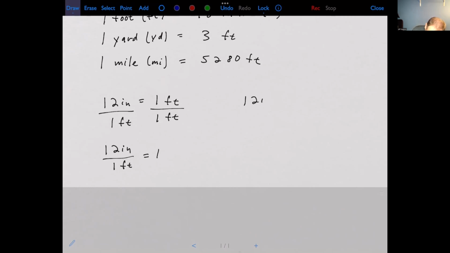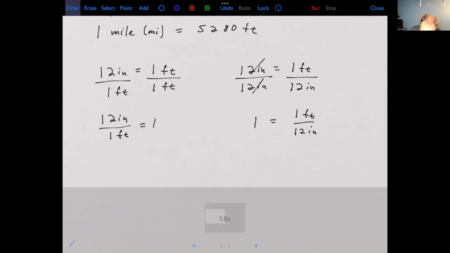Let me write this again. 12 inches equals 1 foot. I'm going to divide both sides by 12 inches. Now everything cancels on the left side, right? Anything over itself is equal to 1, including the units. This is 1. So that's equal to 1 foot over 12 inches.